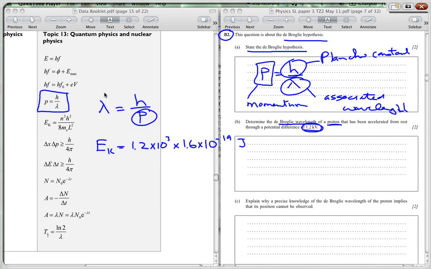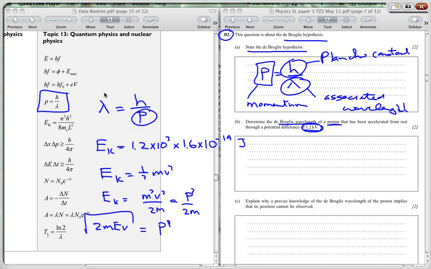Now, we use that Ek is equal to a half mv squared, which changes to Ek equals m squared v squared over 2m, which is equal to p squared over 2m. So your p squared is equal to 2mEk, and we take the square root.